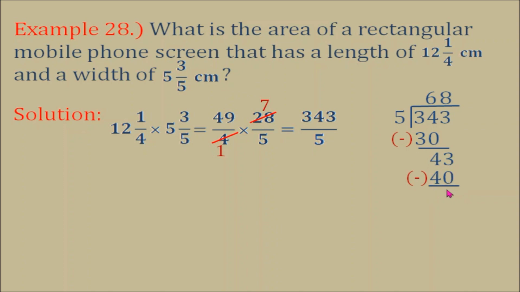Then 43 minus 40 is 3. So that means our answer is 68 3/5. Since we are finding the area, our unit is cm squared.